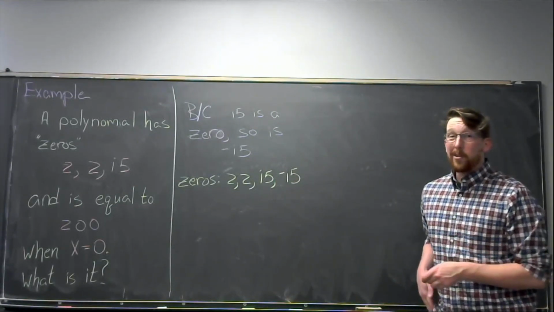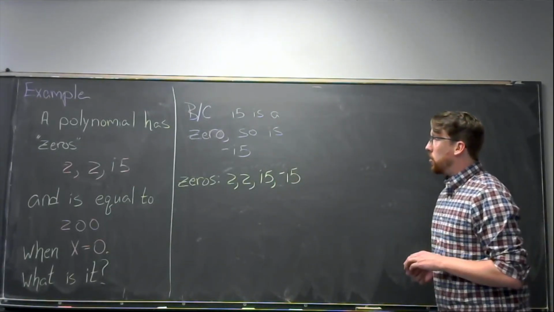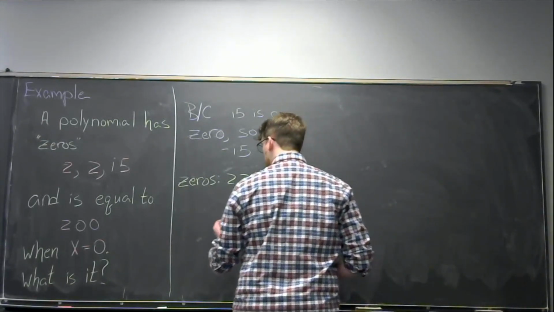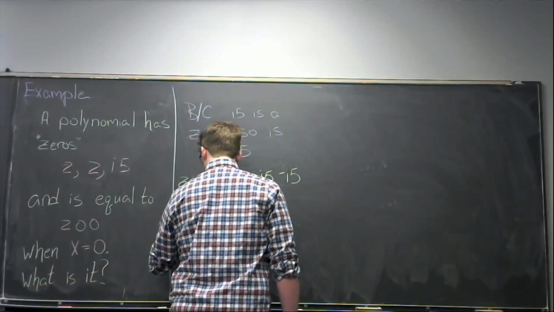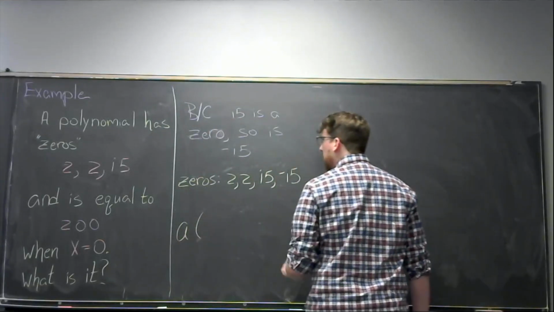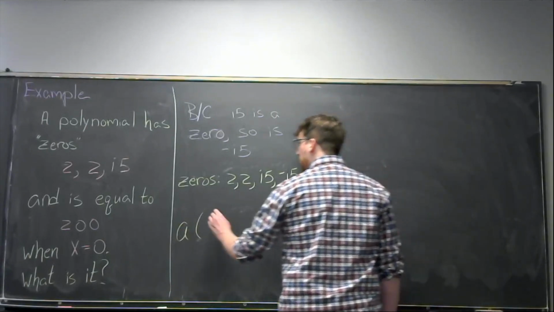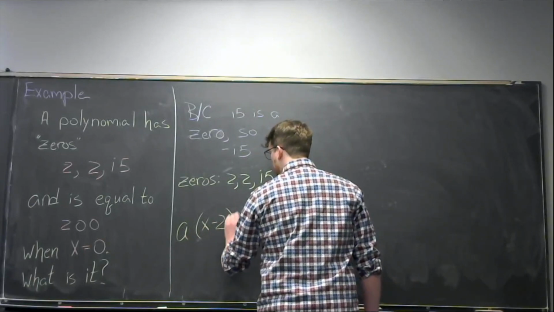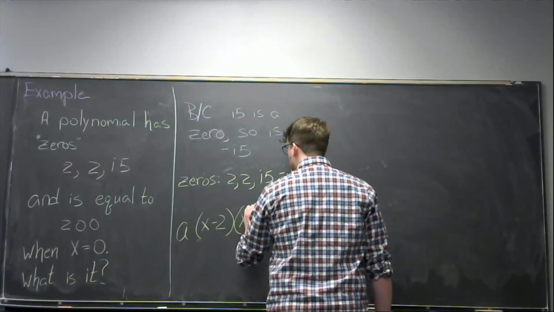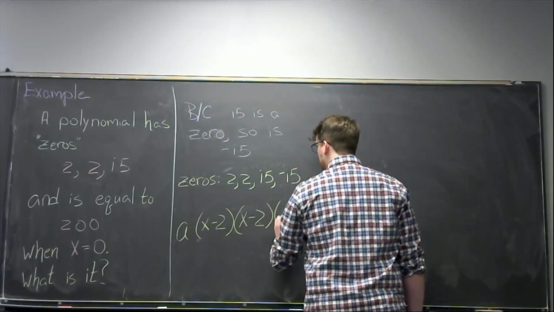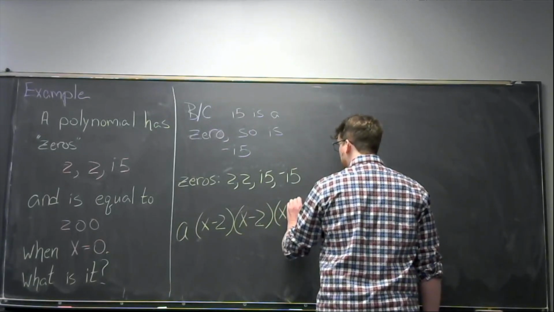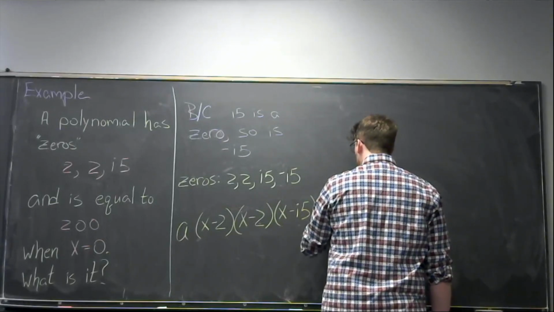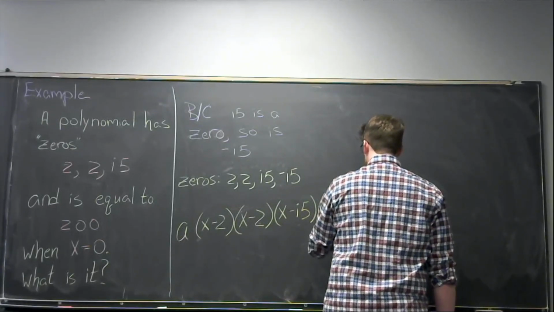And from the linear factorization theorem, we know that our polynomial can be rewritten as some number a times x minus 2 times x minus 2 times x minus imaginary 5 times x plus imaginary 5.